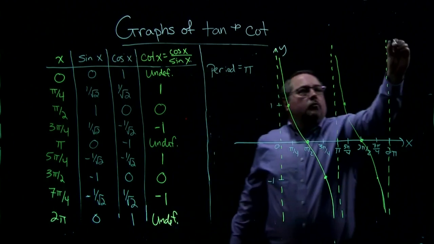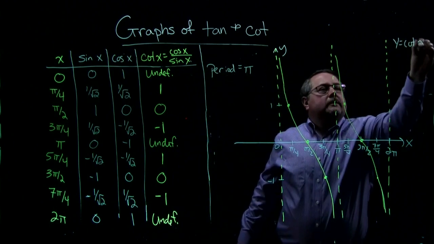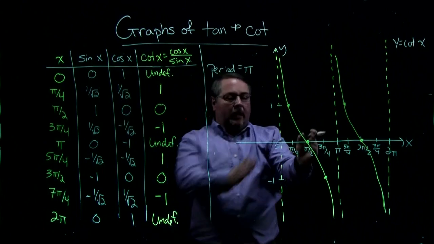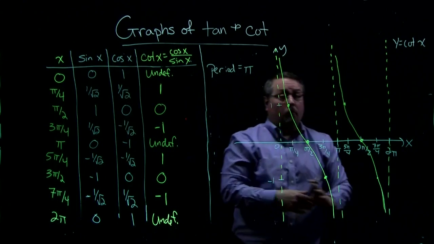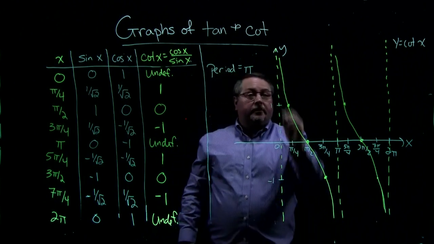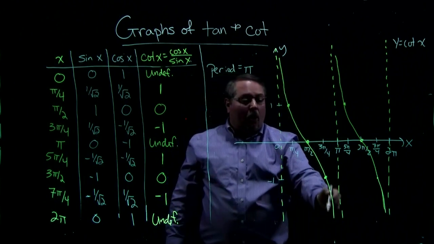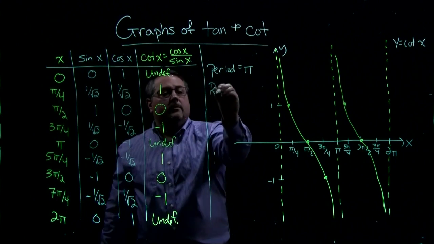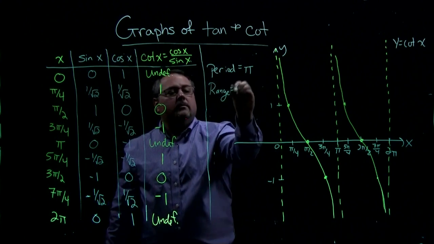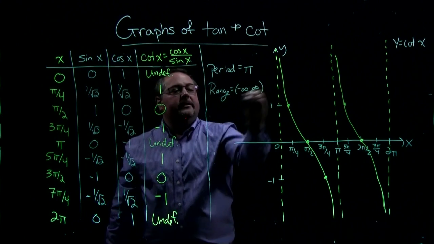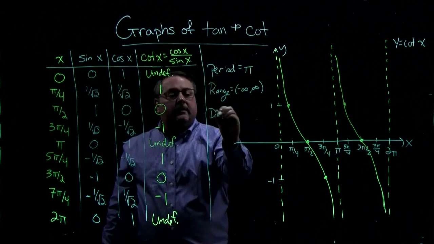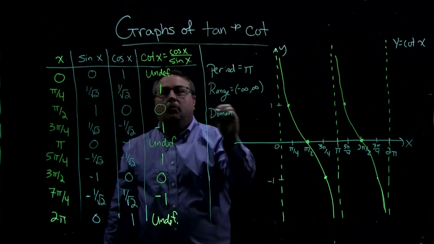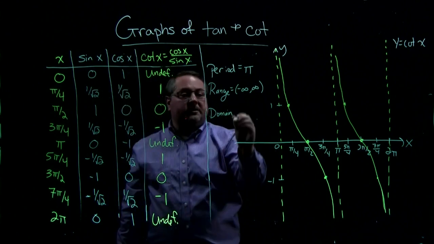So this is, again, y equals cotangent x. The period will be pi. We can take this piece between x equals 0 and x equals pi and repeat it over and over again. We see that the range is, again, all y values, so the range will be minus infinity to infinity. The domain: now we want to avoid sine values being equal to 0.